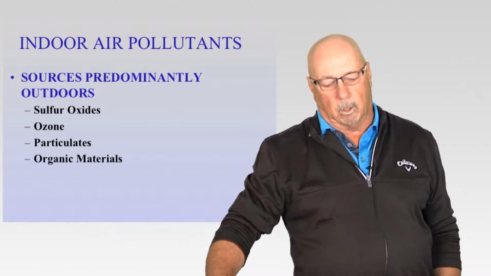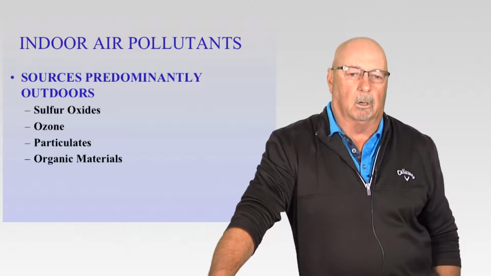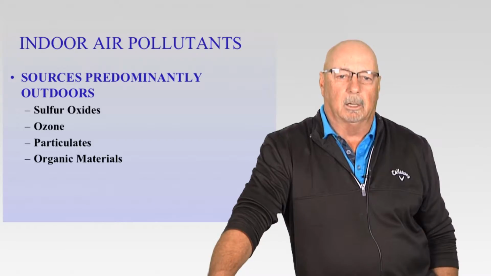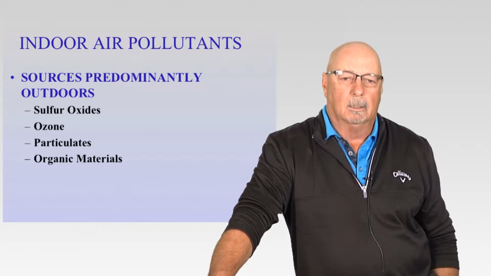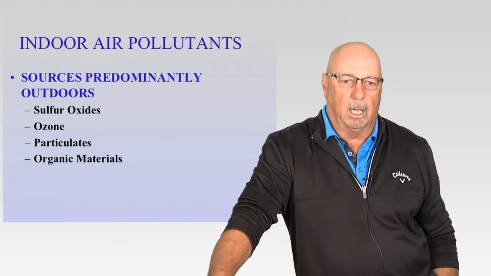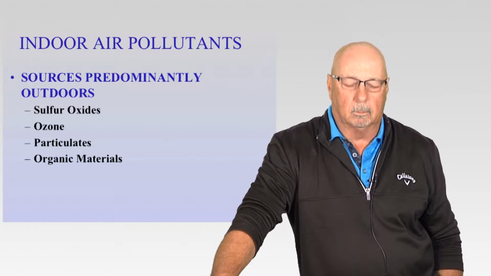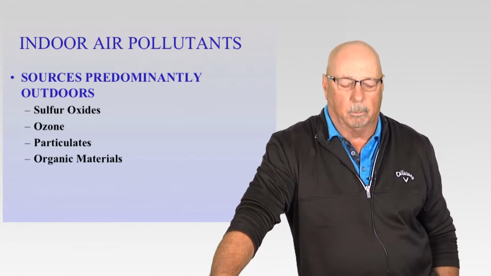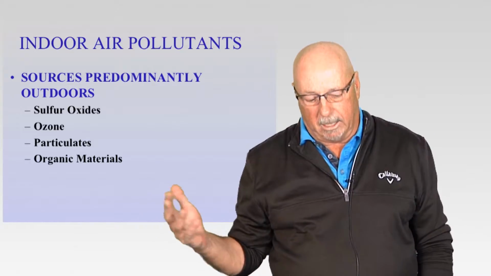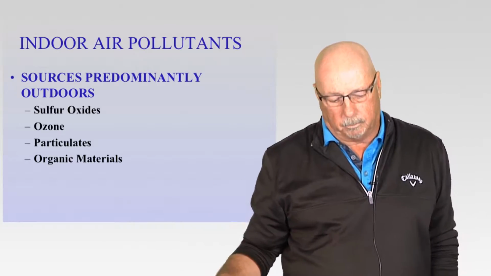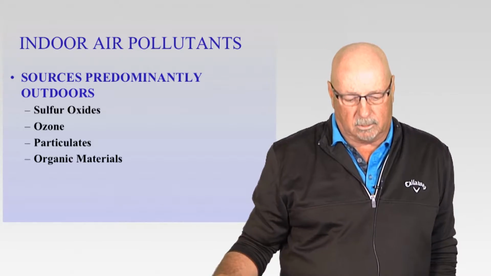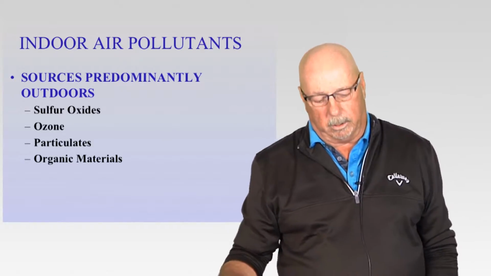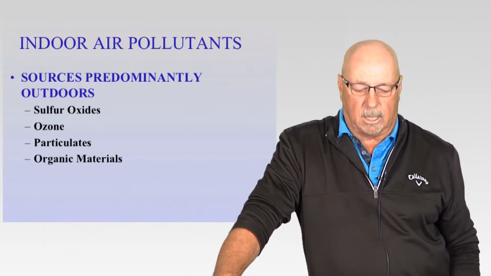Well, let's take a look at some of the sources that predominantly come from outdoors and are brought into the indoor environment, which can lead to or create our indoor air quality problems. Some of those are chemical substances or sulfur oxides that are produced outside, usually from automobiles or trucks and those kinds of things. Ozone: we could get ozone brought in from the outside.